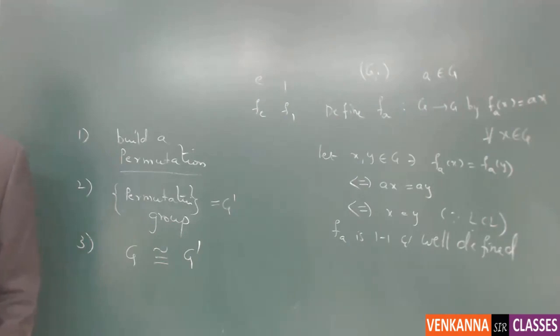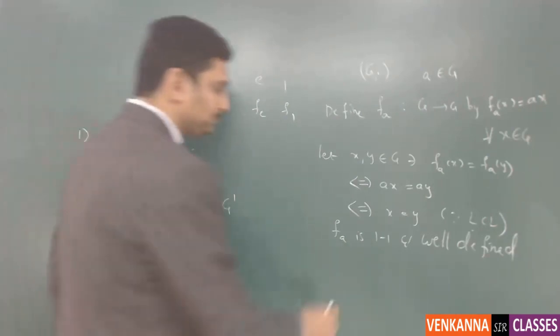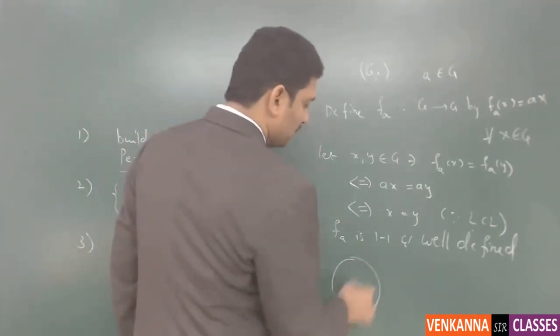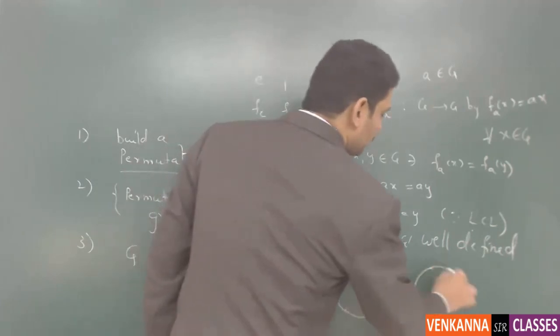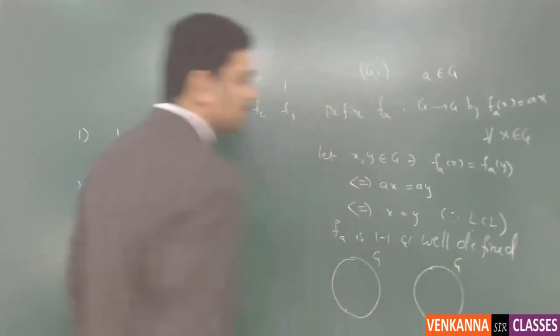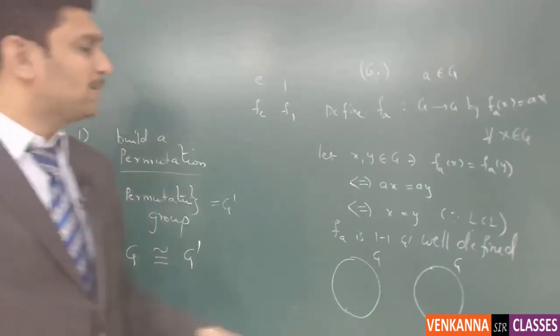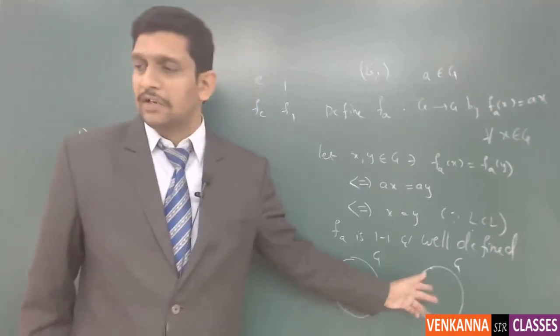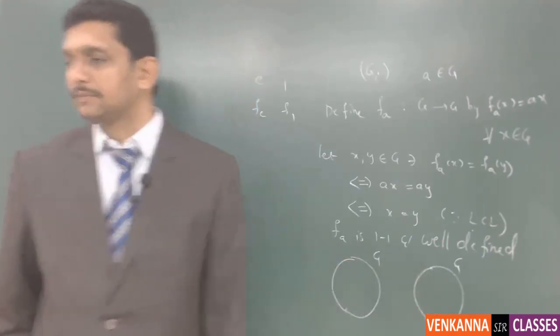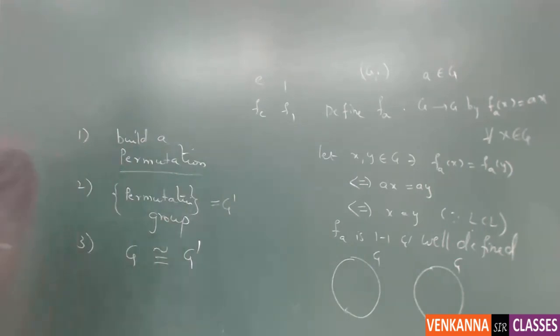Now to prove the onto property, for every element in the codomain, we should have the corresponding pre-image here. Now you tell me any element here, you give a symbol for me.